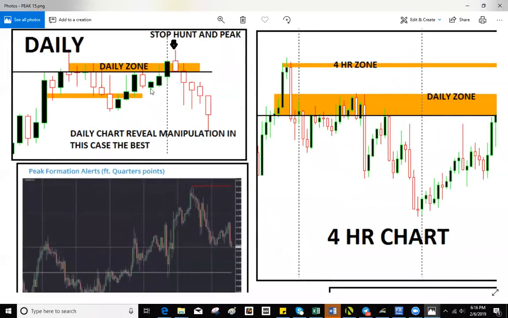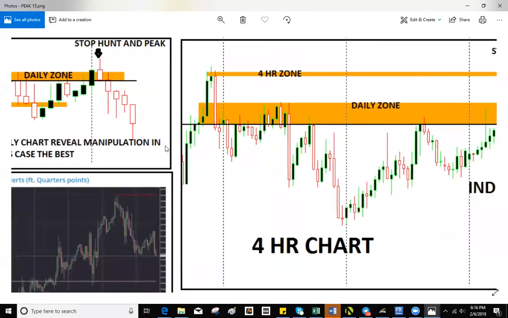Again, notice this. You see on the daily chart, they come here, they reject this high, and they come and reject it here again, right? They don't close above it. Then they come and hit those stops and do a false breakout and then trap and then shift the zone.